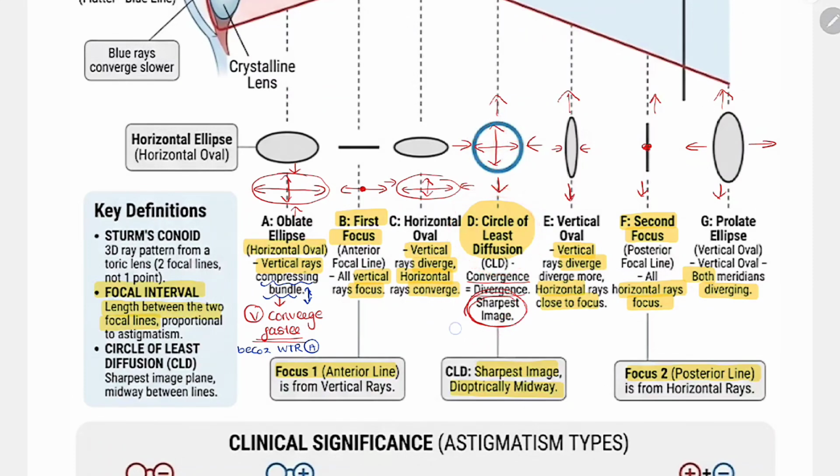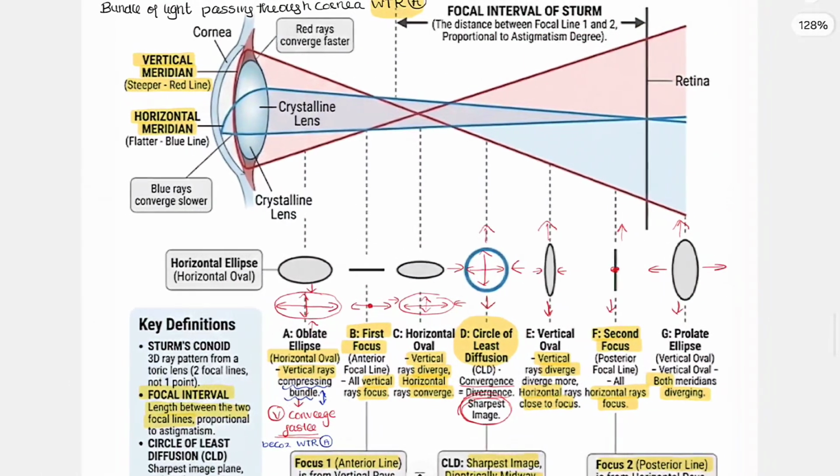This is the point where we get the sharpest image, and it is mostly dioptrically midway between the anterior focal line and posterior focal line. So this distance is known as the focal interval of Sturm, and at the midway portion, where the convergence is equal to divergence, we get the circle of least diffusion. This was all about Sturm's conoid.